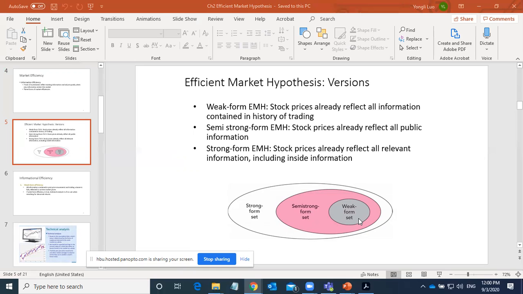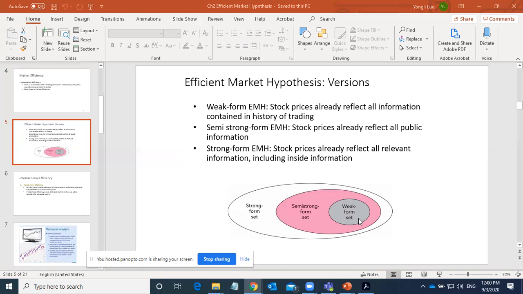Okay, that's the weak form. The weak form implies that you cannot just look at the historical price to make money. When you look at the historical trading volume, you cannot make money.